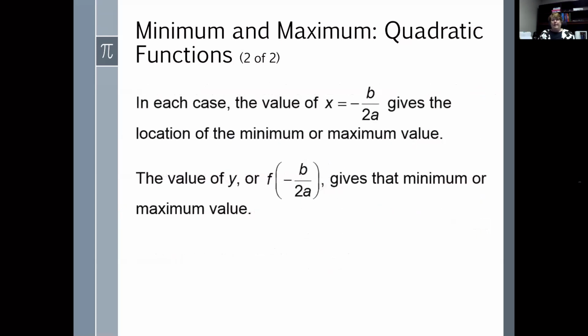In each case, the value of x equals -b/2a gives the location of the minimum or maximum value. The value of y, f at -b/2a, gives that minimum or maximum value. So minimum or maximum values are y values, and they occur at some x.